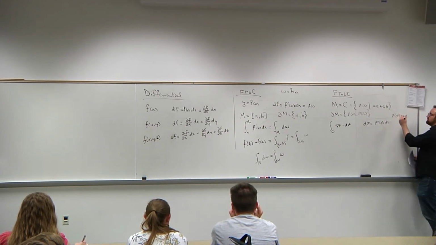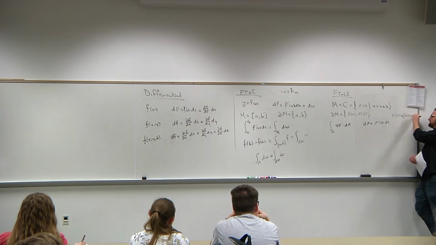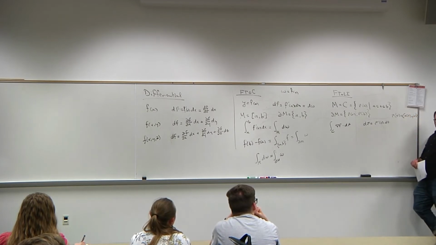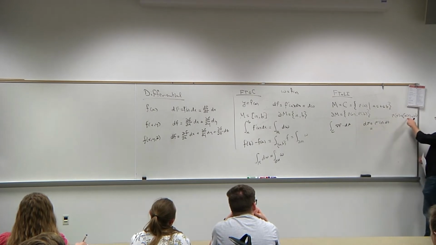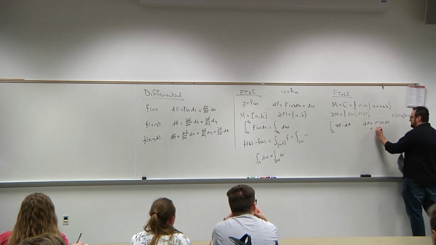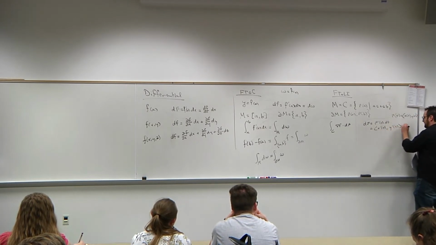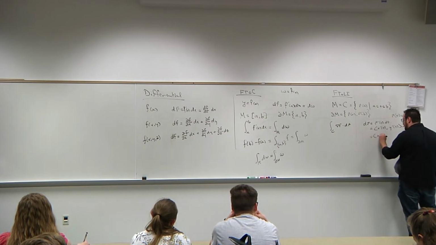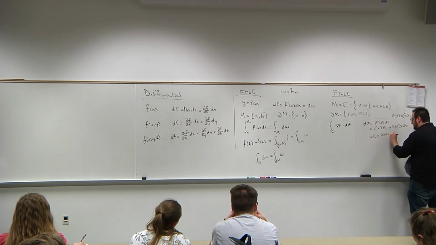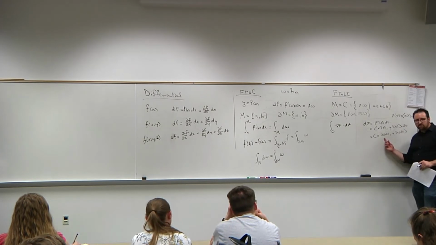Let's do the 2D case to make it easier to see. It's x of t, y of t. Really, you could have z of t, whatever you want. So r prime of t is just the derivative of each of those pieces: x prime of t dt, y prime of t dt.